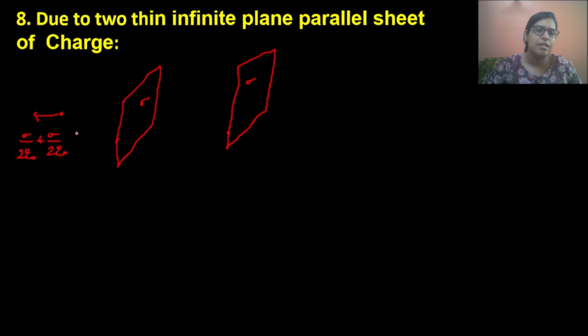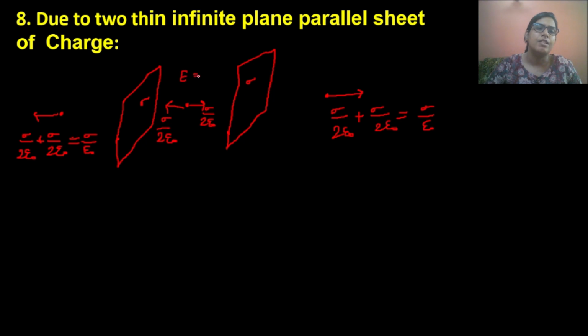So it will be sigma upon epsilon naught. Similarly here also, it will become sigma upon epsilon naught. But in between these two sheets, due to this sheet, electric field will be in this direction, and due to the other sheet in the opposite direction with the same magnitude, so E will be 0, right?